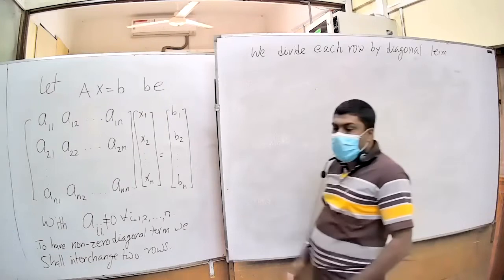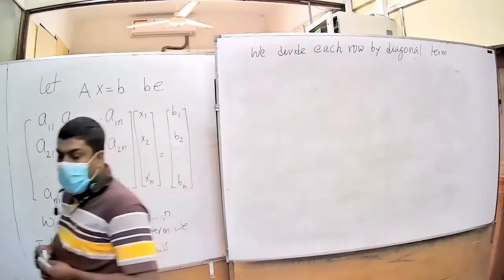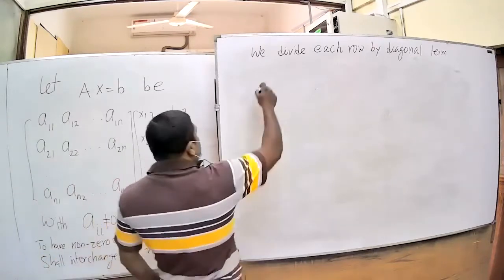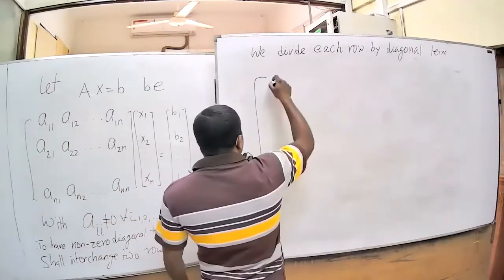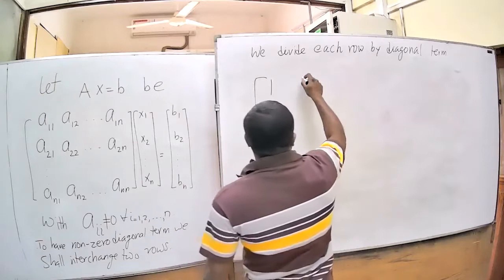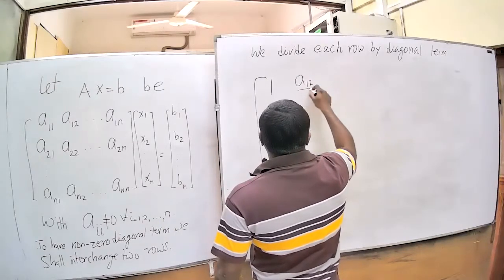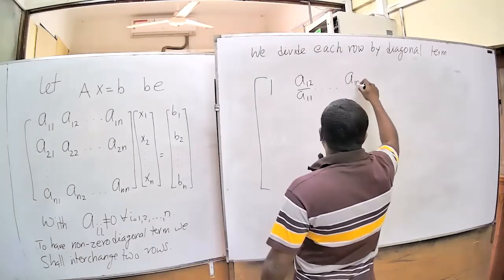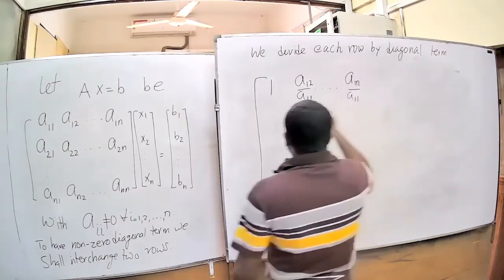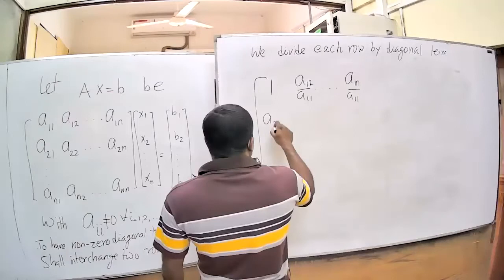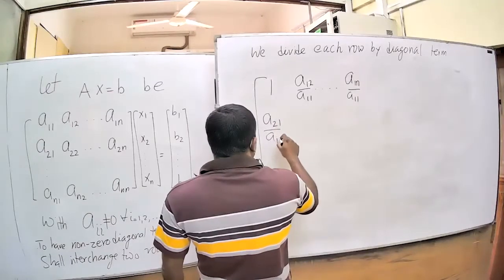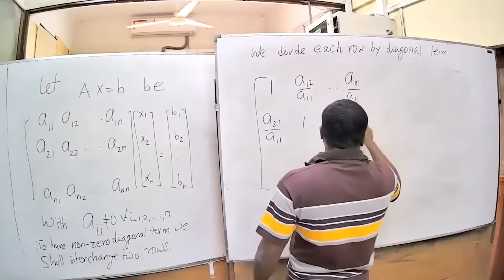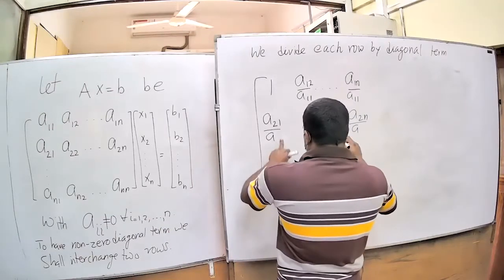So next what we do is we divide each row by the diagonal term. So here what you get is this 1, a12 over a11 all the way up to a1n over a11. This is a21 over a22, 1, all the way up to a2n over a22.